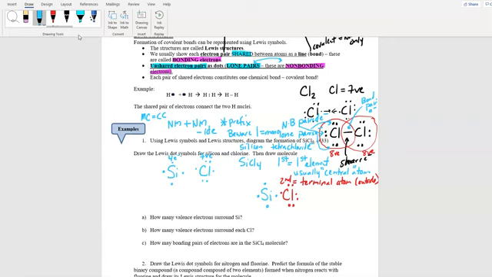Now, I'm going to leave that empty space right there because I don't have 8. I'm going to leave that empty dot where I have 7. I'm going to leave it empty on the inside. Same thing over here for chlorine. I'm going to put one up here. And same thing. I'm going to leave that empty spot for an electron closest to silicon. And we're just going to keep doing that 4 times.